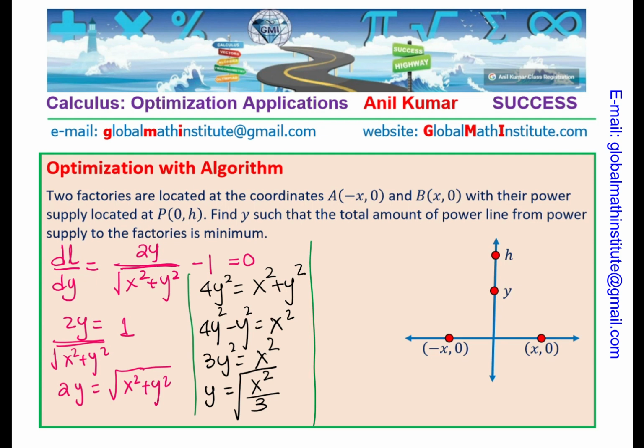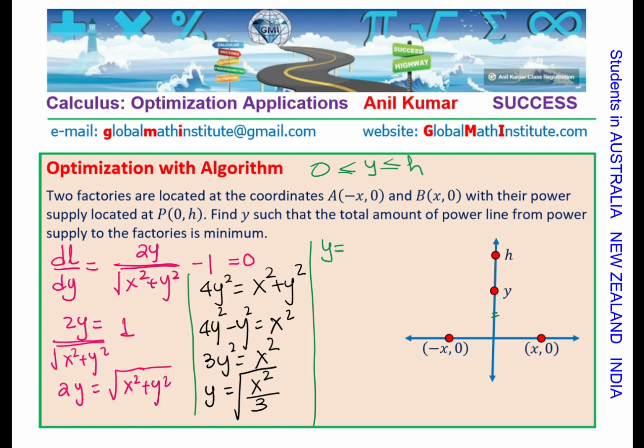Well, it is plus and minus, but we'll just take positive values since we know y is between 0 and h, right? h is positive from the diagram. So we'll take the positive value. So we got y as equal to the absolute value of x, but positive we'll take, over square root 3. So that is our critical point. y equals x over square root 3, correct?